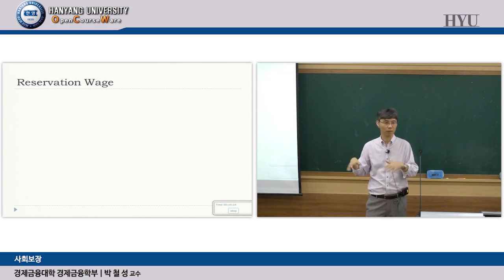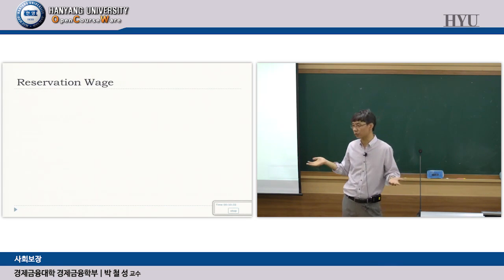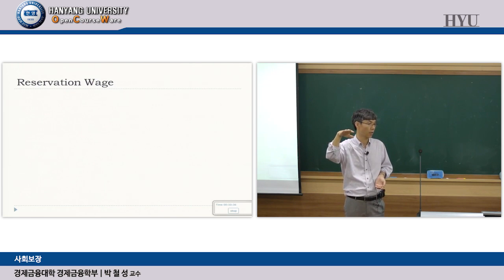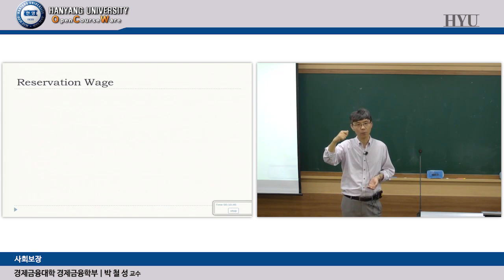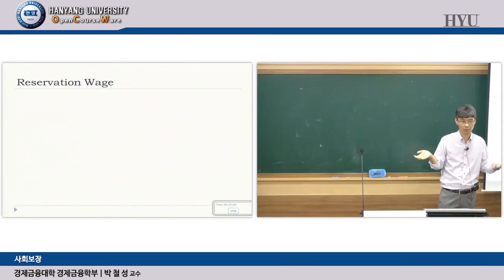Some people like leisure a lot, and that person is likely to have a higher threshold. And if the person is very rich, then it's likely that person has a very high threshold. Still, if that person happens to have a wage offer that goes beyond the threshold, that person is likely to work, right?